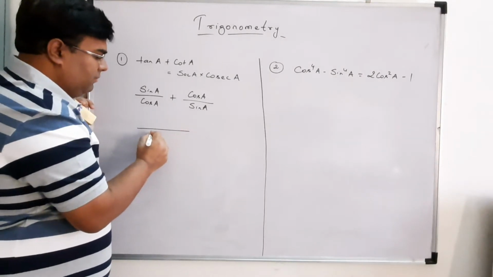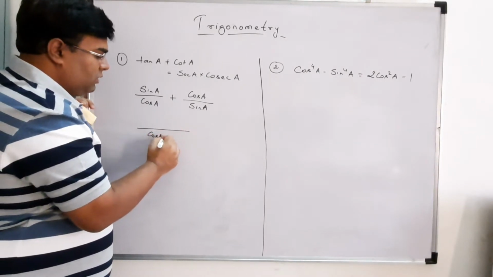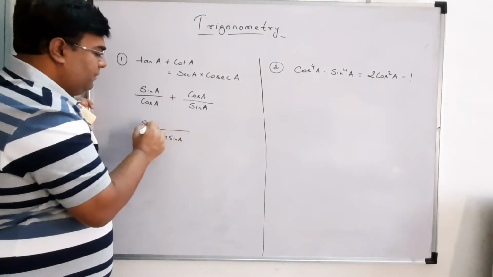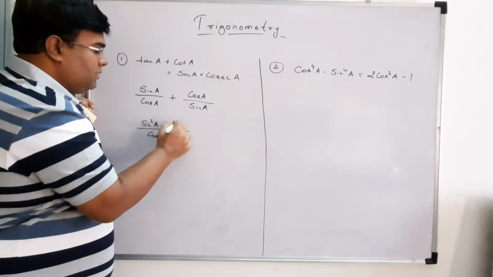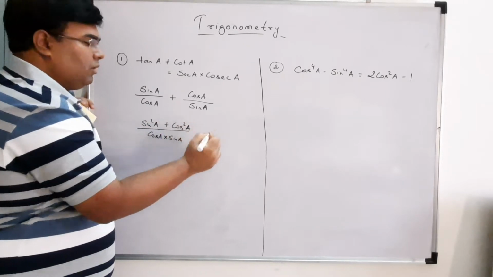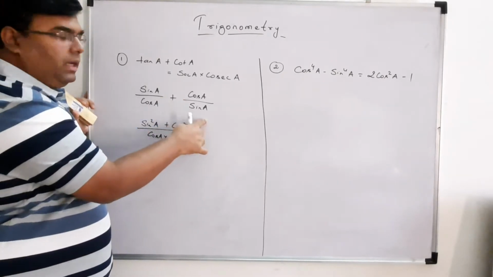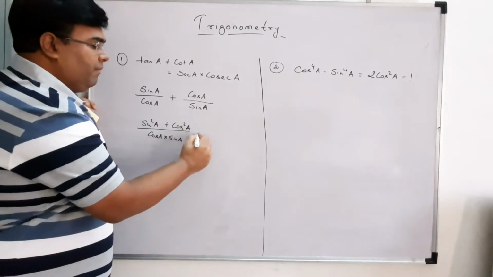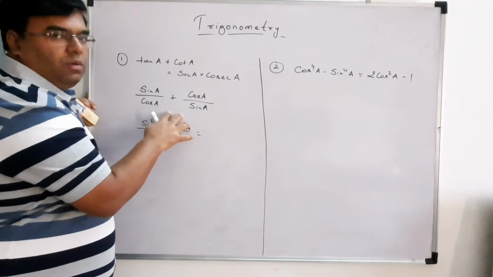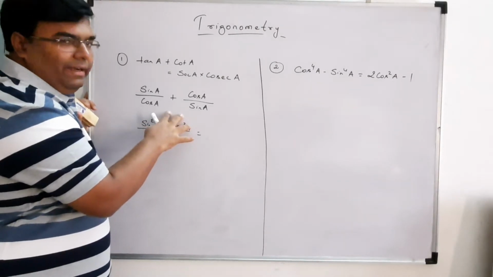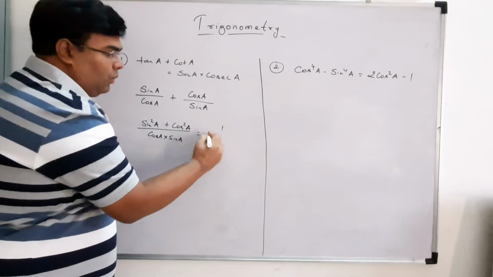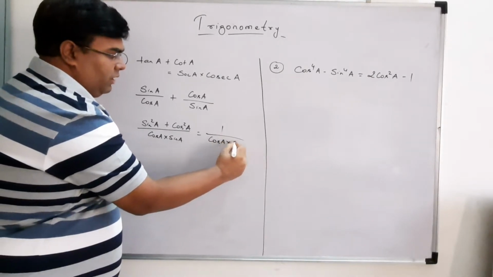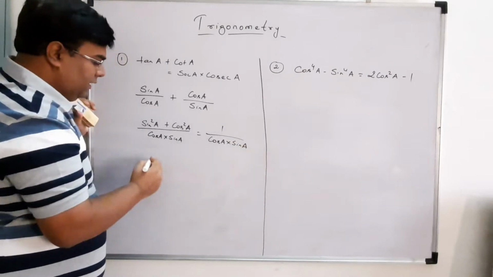Taking LCM, it will be cos A multiplied by sin A, and cross multiplying gives sin square A plus cos square A. Sin A into sin A is sin square A, cos A into cos A is cos square A. What is sin square A plus cos square A? We have one identity here, which is equal to 1. We can write it here over cos A into sin A.